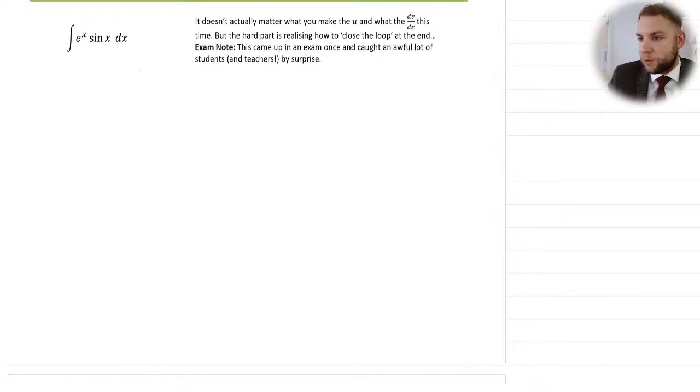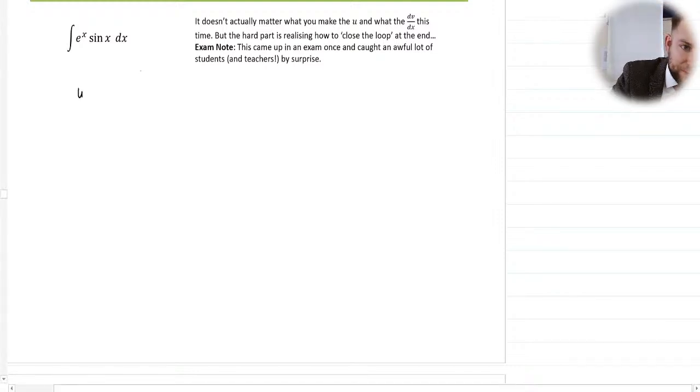So what we do with this one here is you set u equal to e to the x, and you set dv by dx equal to sine of x. If I differentiate this, du by dx is equal to e to the x.